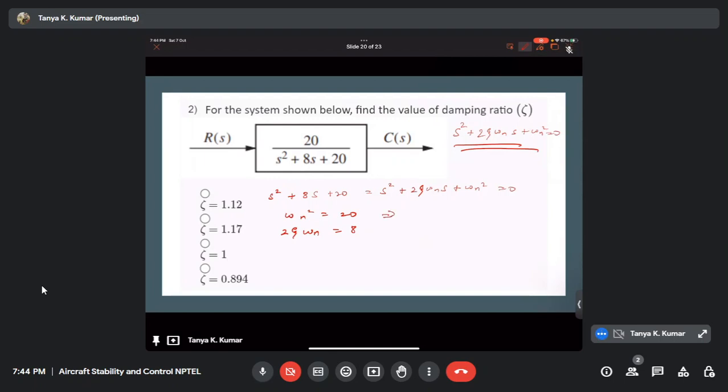From this you have omega n is root 20, and here eta is 8 by 2 root 20. So what is the value of eta?